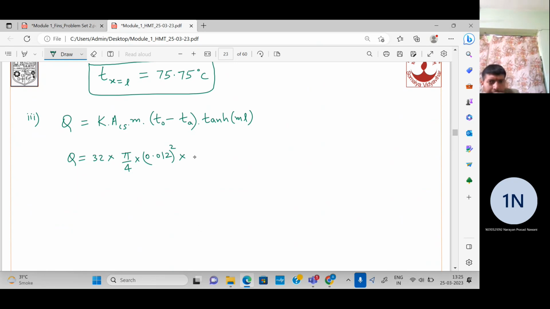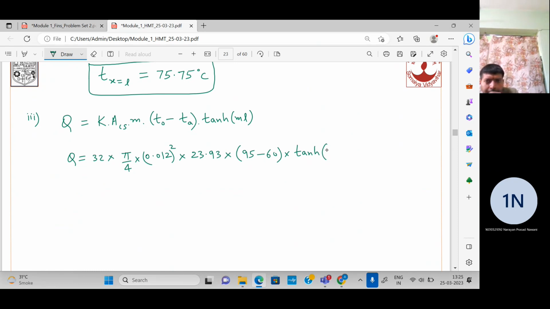Calculated value of m is 23.93, into T naught, 95 degrees Celsius, minus TA, 60 degrees Celsius, into tanh of m, value of m is 23.93, into L. L is 60 mm, that is 0.06 meters.